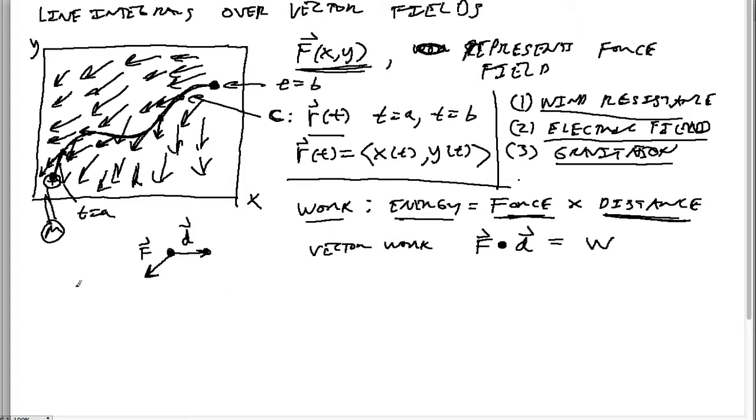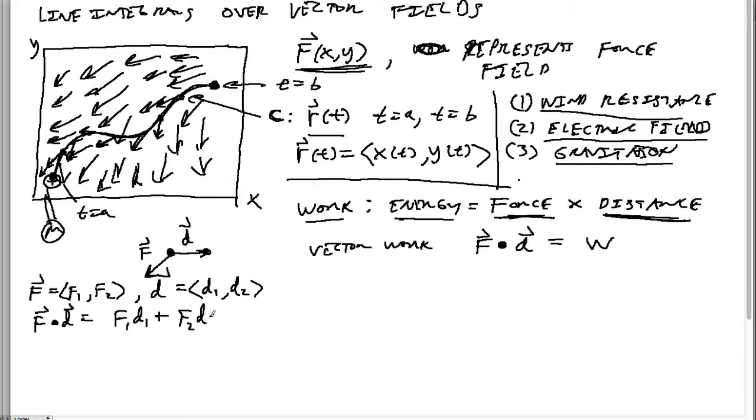Okay, so recall again what the dot product is. If F is equal to the vector F1, F2, being the two entries for x and y, and d, the vector, is equal to d1, d2, then the dot product F dot d is equal to F1 d1 plus F2 d2.